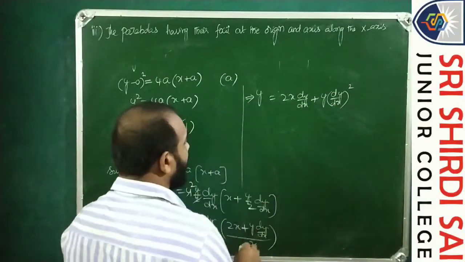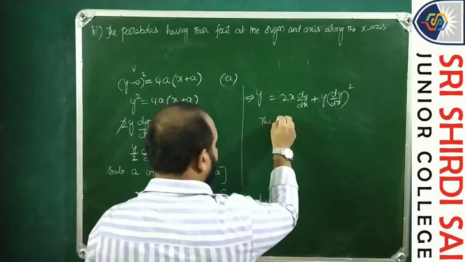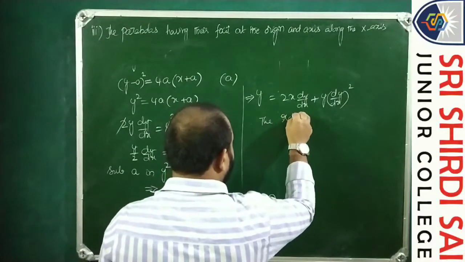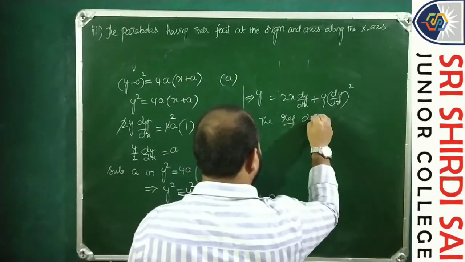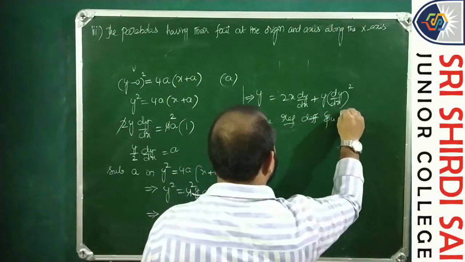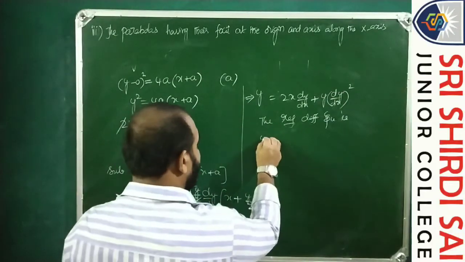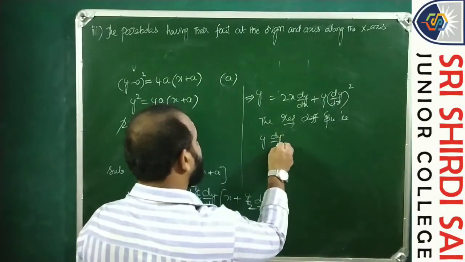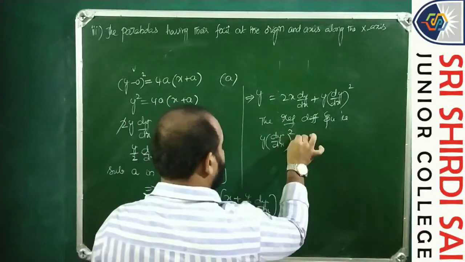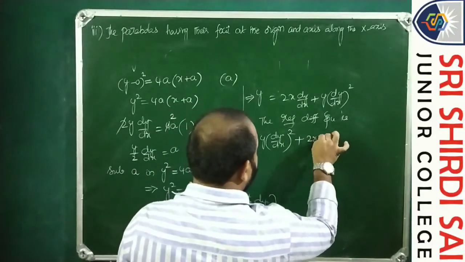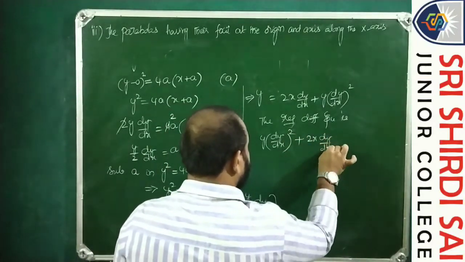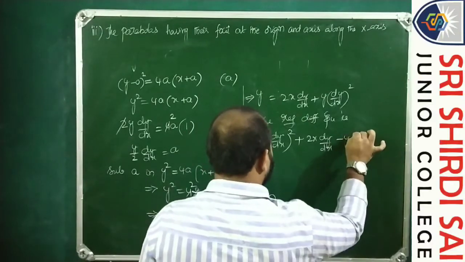Therefore, the required differential equation is y dy by dx whole square plus 2x dy by dx minus y equals to 0.